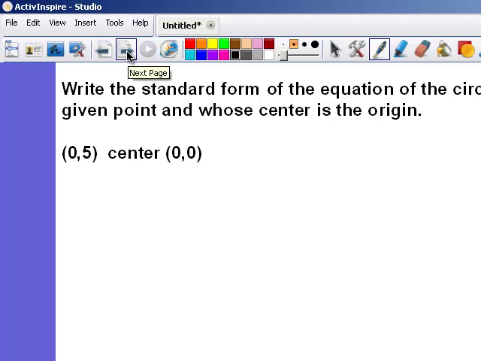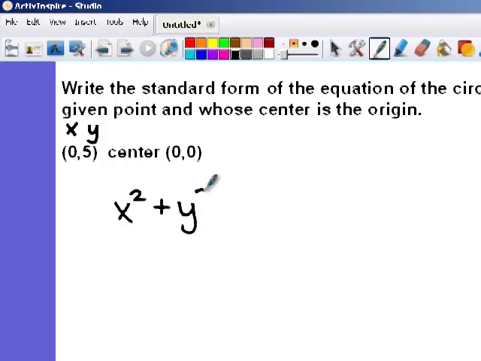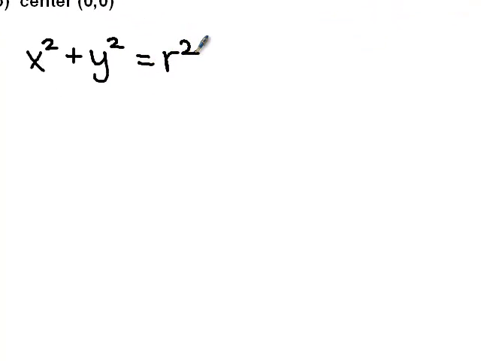Now we're going to write a standard form equation of the circle that passes through the given point and whose center is also the origin. So here's an x and y point. They do not give you the radius. But because we are given this equation, we're going to figure out what r squared is by plugging in this x and y point.